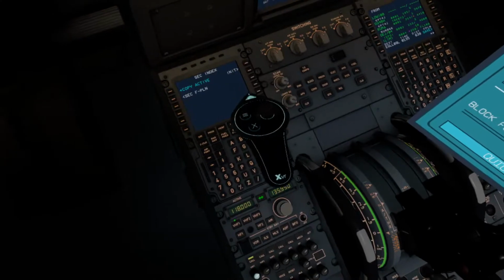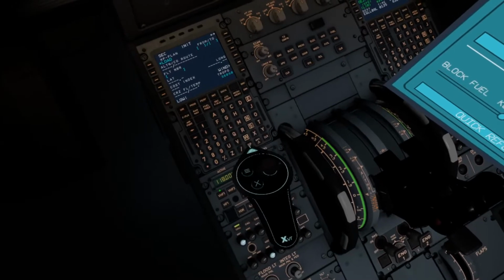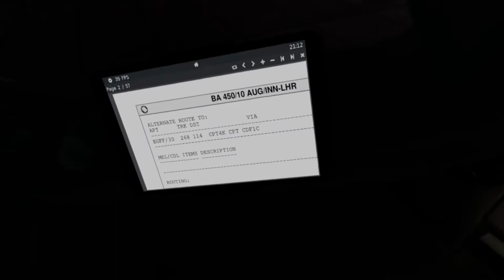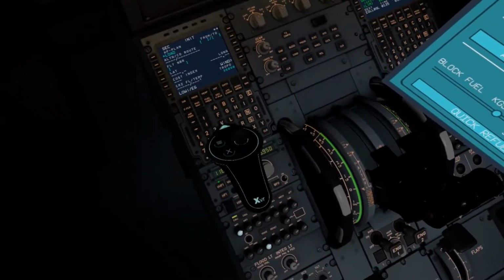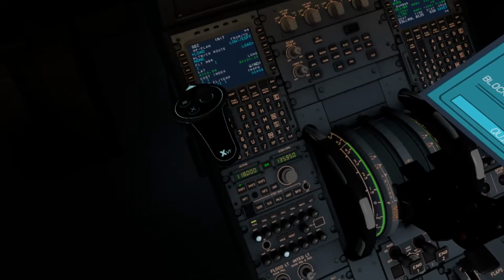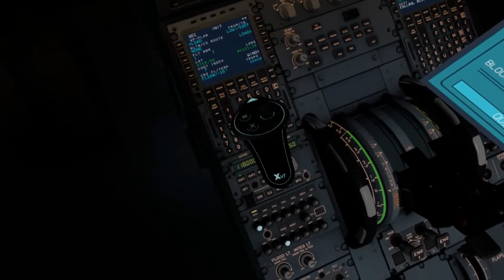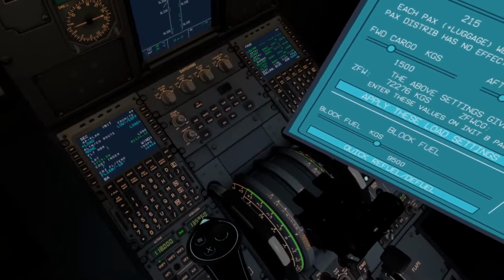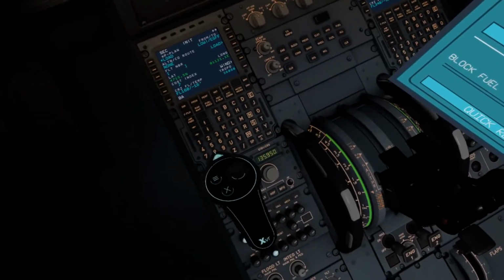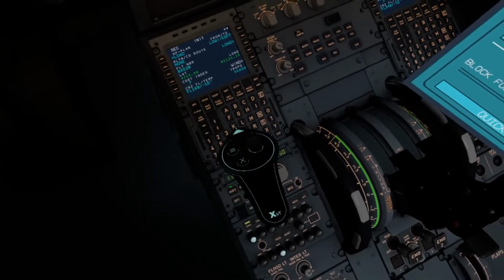So on a secondary flight plan, if we go in there, we have to type in the current one, to EGFF, right, cost index of 7, cruise altitude of 16,000 feet, flight number BA 520.